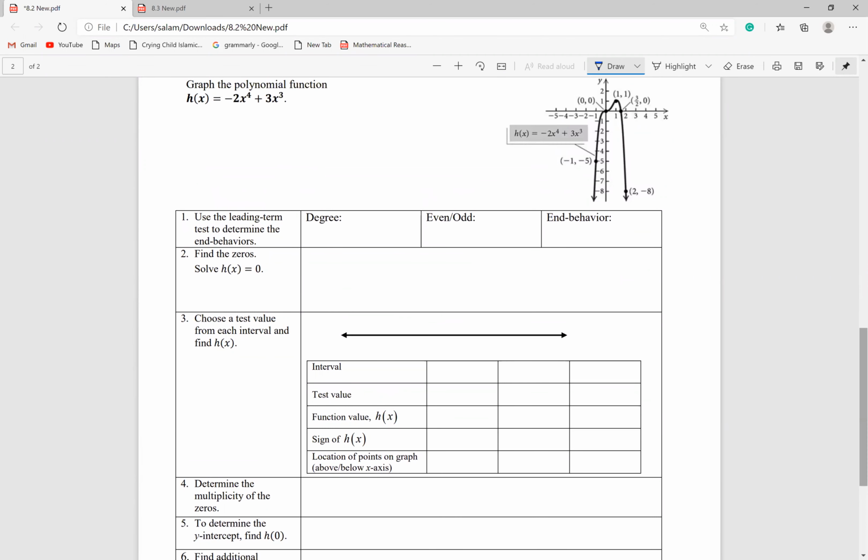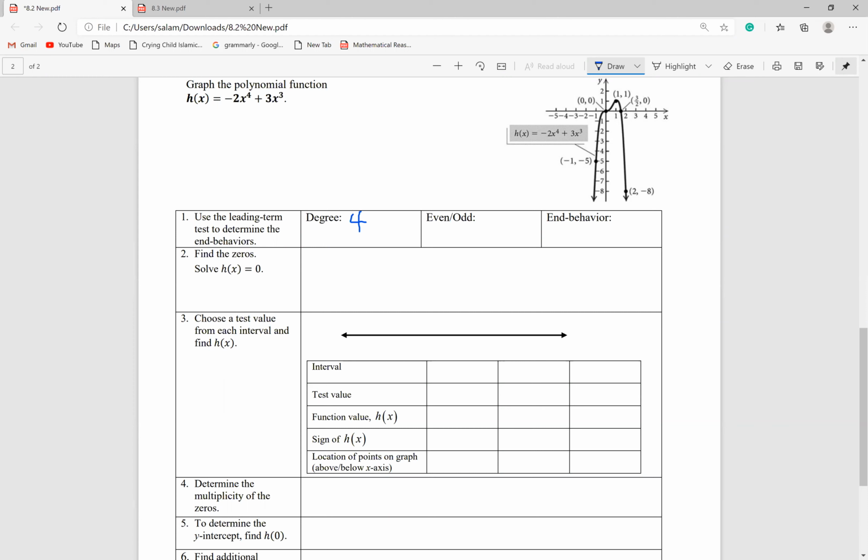We're told to graph the polynomial function h of x equals negative 2x to the 4th power plus 3x cubed. The first thing we're going to look at is the degree of this polynomial, which is 4. We're going to use the leading term to determine the end behavior.